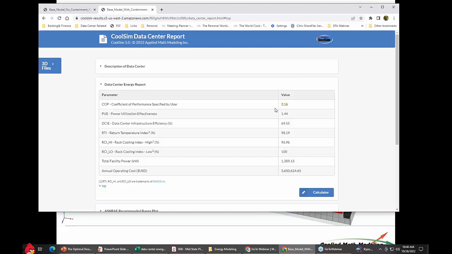So all I did is take the delta T on the return air temp from the earlier run and this run, divided it by 1.8, multiplied that product by 3.5, and increased the 2.8 to 3.16 as a result of that. That's how we did it.